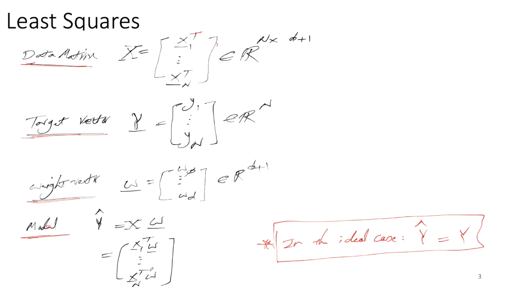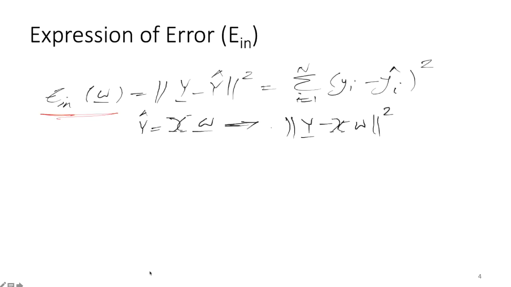All right, so if we want to express our error as E_in of w, least squares suggests that we take the difference between our y, the true value, and y hat, the estimated y, and raise it to the power of 2, and that's why it's well known as the least squares method.